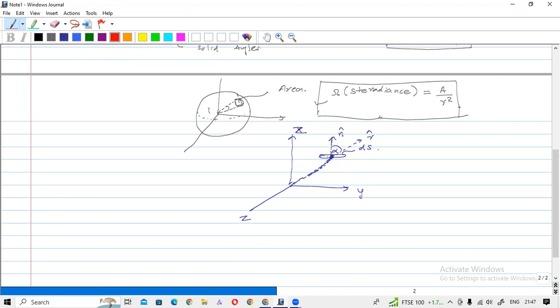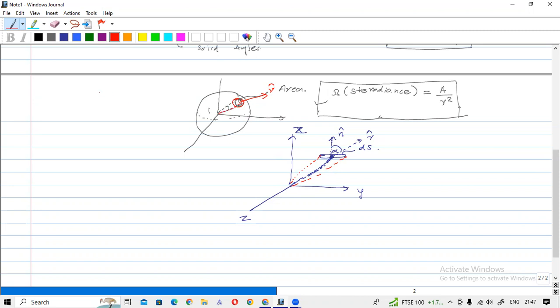So this surface is like this. You can see that here the area is perpendicular to r hat. So this is the r.